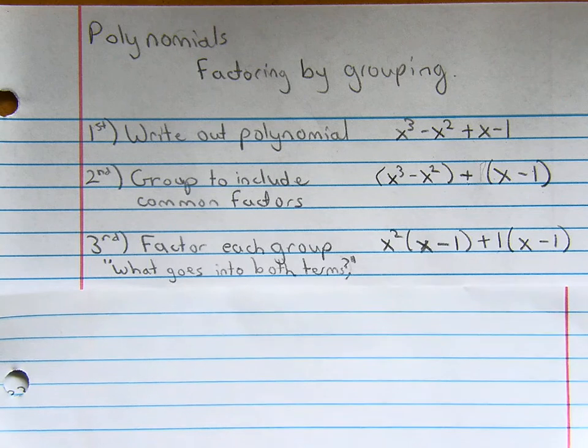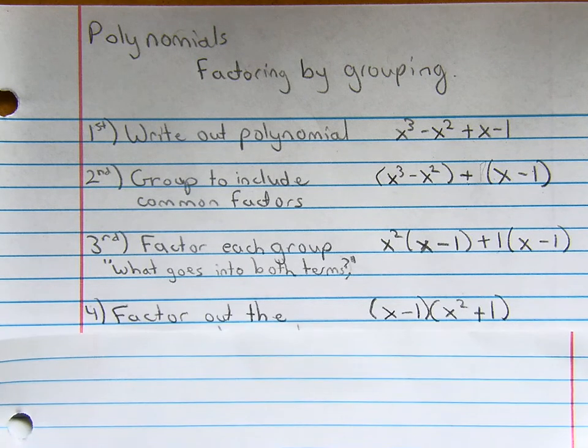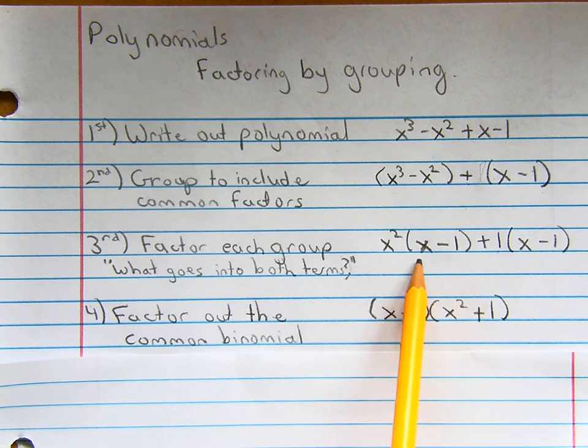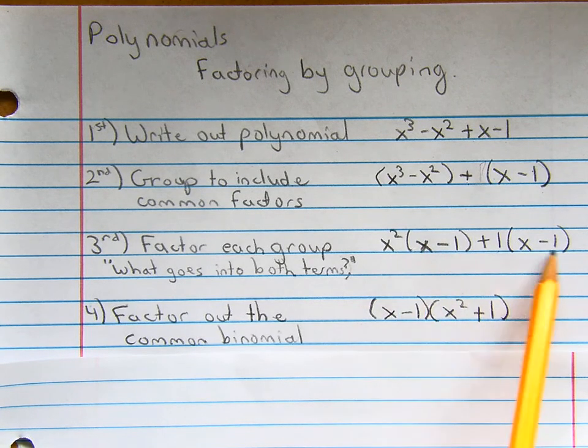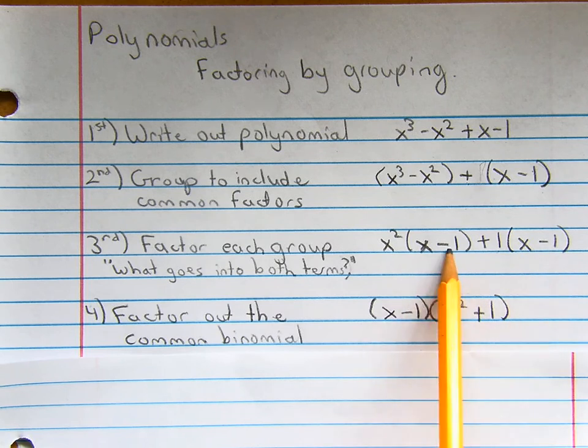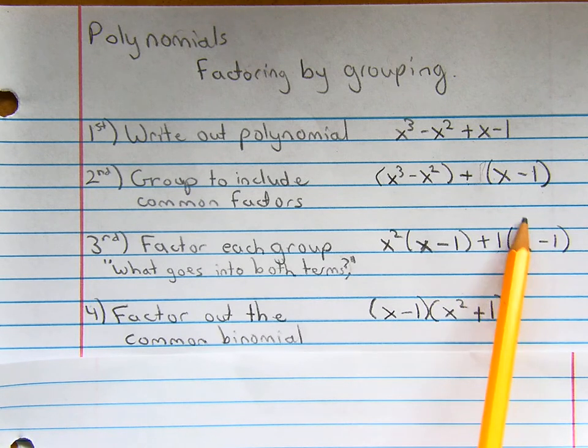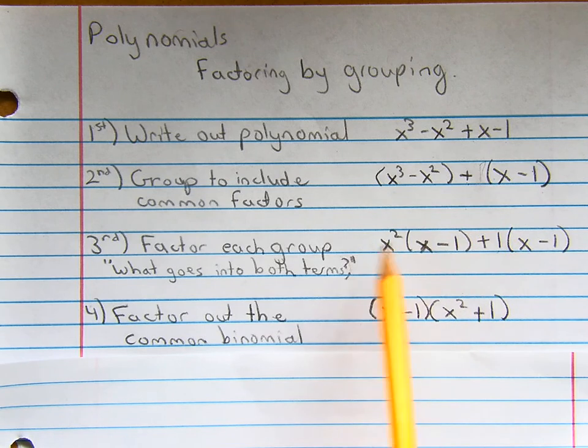So what's going to happen next is really where the whole factoring by grouping kicks into place. What you have is a common binomial that we are going to factor out from both of these.